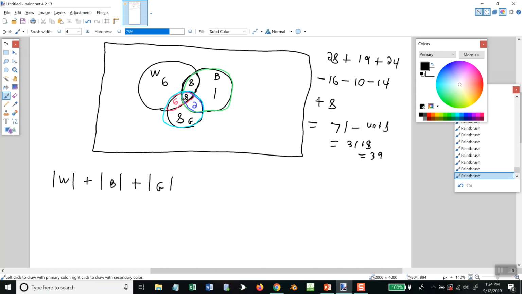Then minus, and I'm subtracting these since I counted them twice, the cardinality of 16, that's W and B, minus the cardinality of 10, that's B and G, minus the cardinality of the remaining one, W and G. But since I subtracted off too many, that's why I have to add on the intersection of all of them, the intersection of W and B and G. And that'd be that problem.